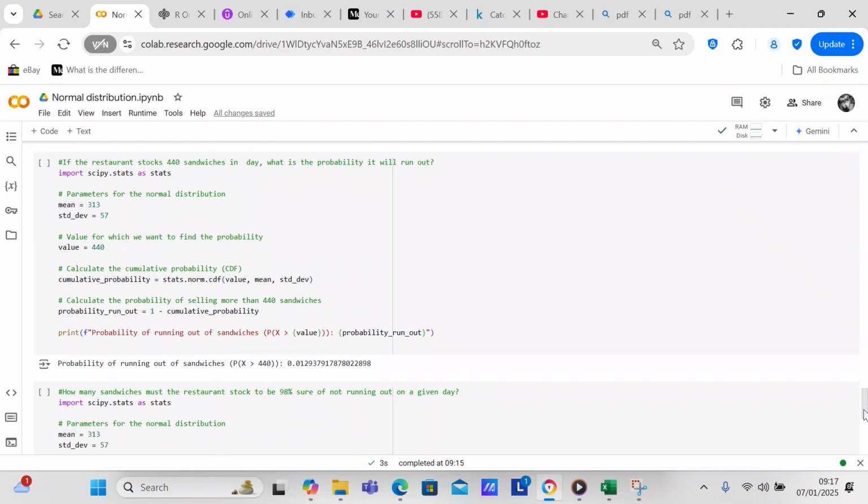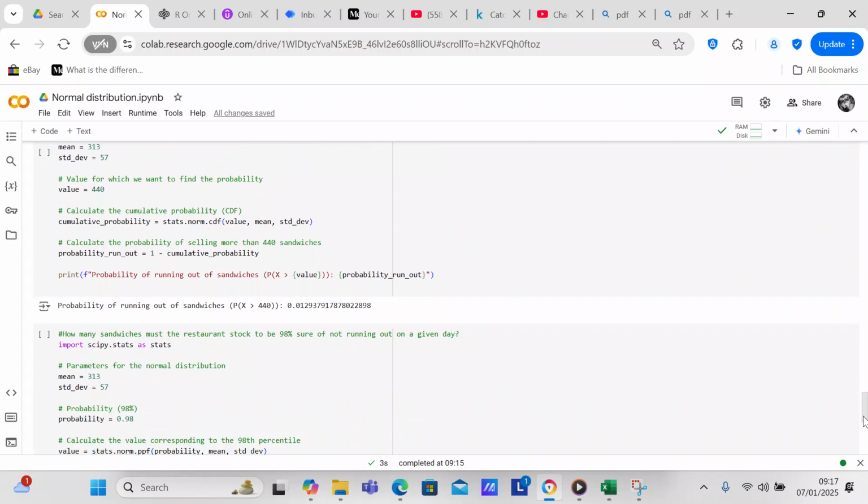Since you're looking for a value higher than 440, it's going to be 1 minus the cumulative probability. So the chance that it's going to run out is about 1.3% if it stocks 440 sandwiches.